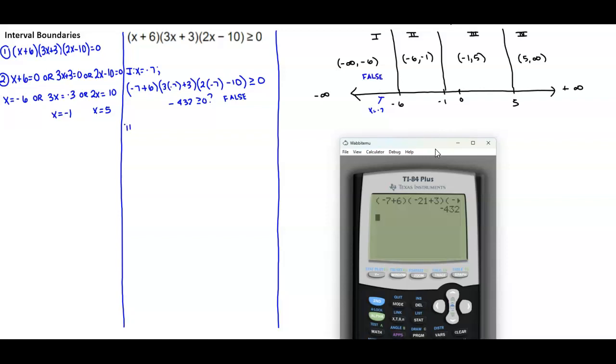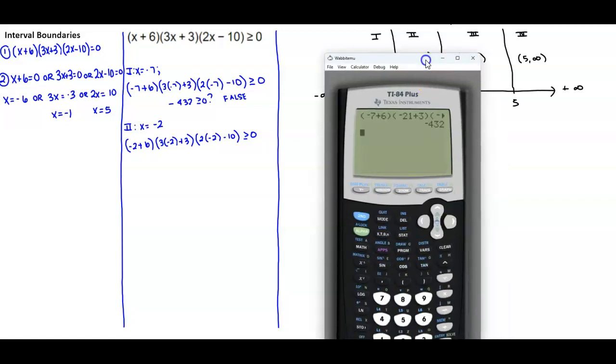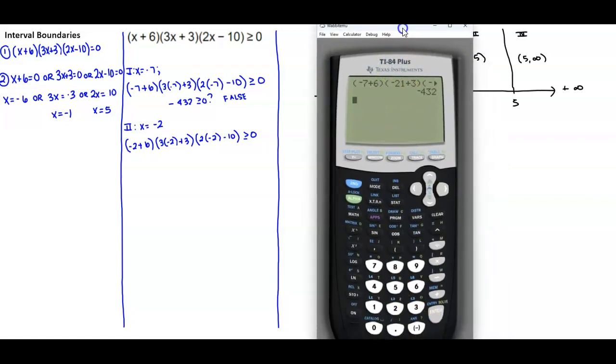Okay, region number 2. We can pick x to be negative 2. So we have (-2 + 6) times (3 times -2 + 3) times (2 times -2 - 10). We want to see if that's greater than or equal to 0. So let's go ahead and put that in there.